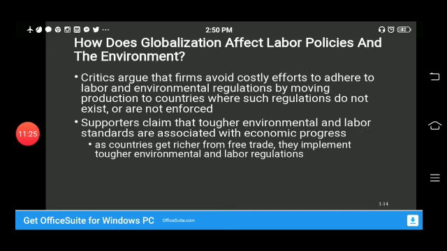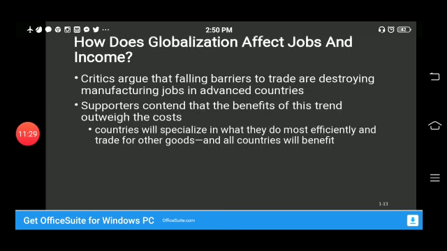Critics believe that this leads to falling wages and living standards in the US. Supporters, however, claim that free trade will promote countries to specialize in what they can produce more efficiently and to import everything else.